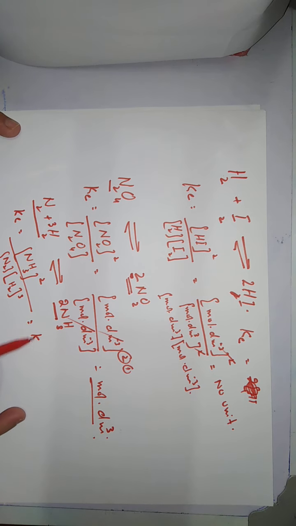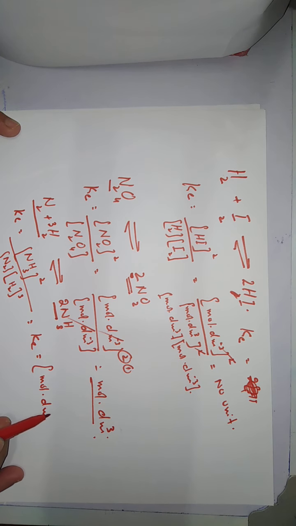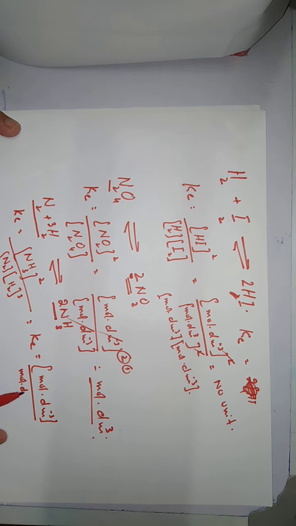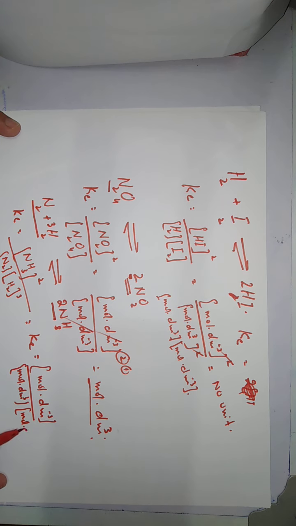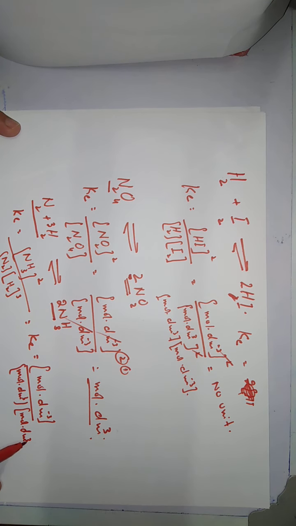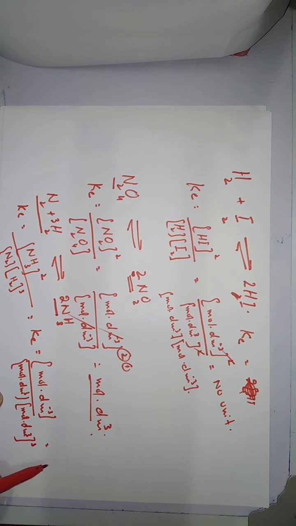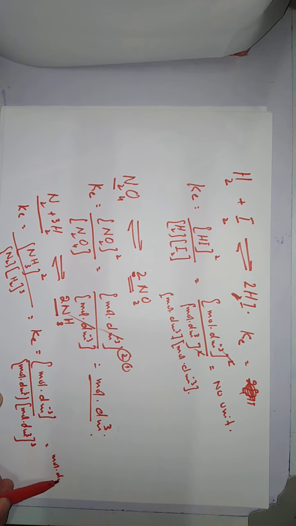Now, according to Kc, mole per decimeter cube squared over mole per decimeter cube, mole per decimeter cube cubed, or we can write it as mole per decimeter cube, mole per decimeter cube 4 times.